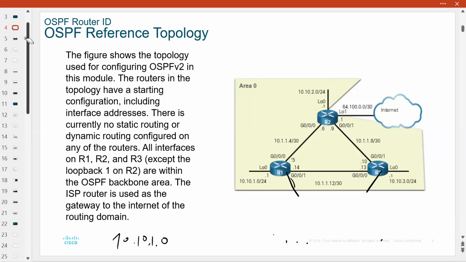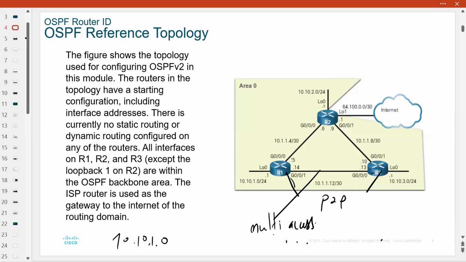Let me use P2P. This is a point-to-point because on this link here, this router is only communicating with this router here. But the problem is, on a point-to-point communication, we used a multi-access link. An Ethernet link, this link here, is a multi-access link.